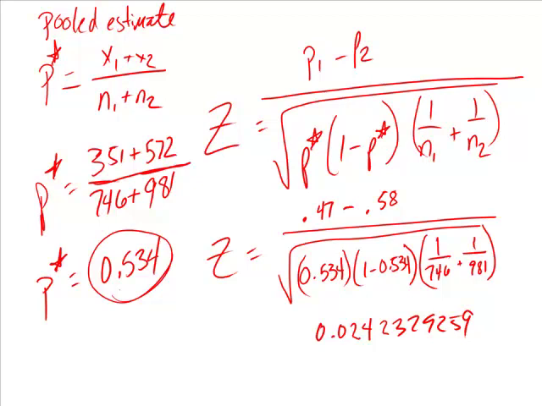My numerator, top, is the gap between the two, 0.47 minus 0.58. So what we observed was a gap between the two groups in our sample of negative 0.11.